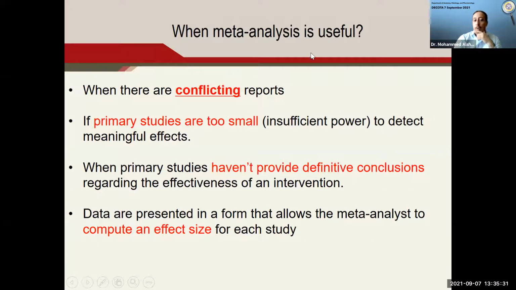Okay. When can we do meta-analysis and when can we not? So if there are conflicting results, we have to do meta-analysis. If the primary studies are too small, we cannot have a final conclusion based on just 1 or 2 studies. So now the decision makers have either to fund another study with larger sample size, or just ask the scientists to conduct meta-analysis.